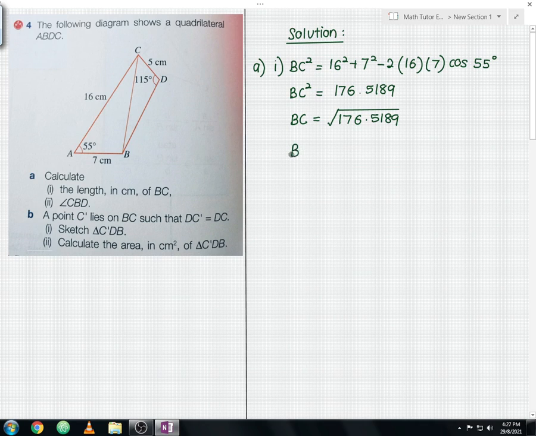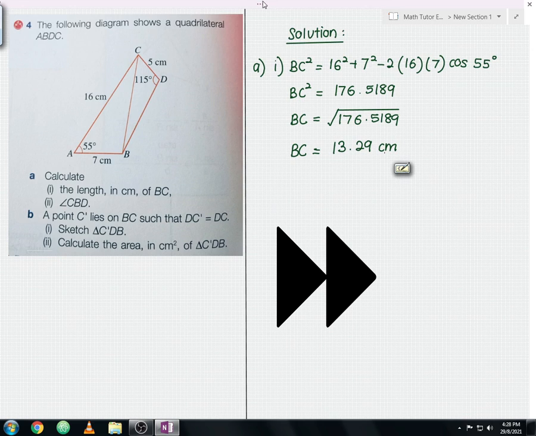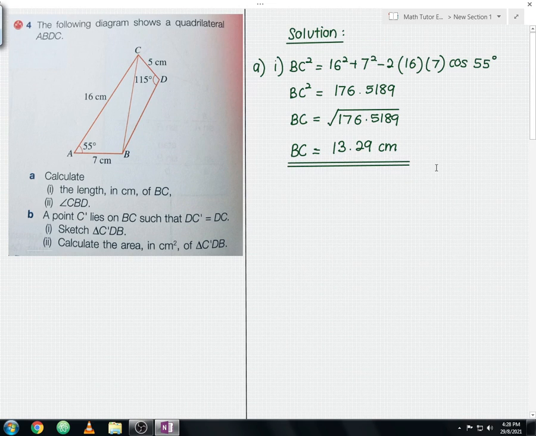From here, you should get length of BC is equals to 13.29 centimeter. So this is your answer for the question A part 1. Let me underline the solution.